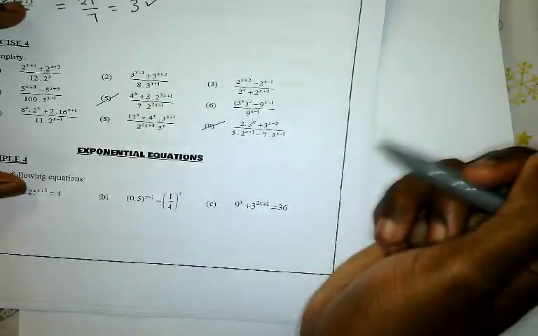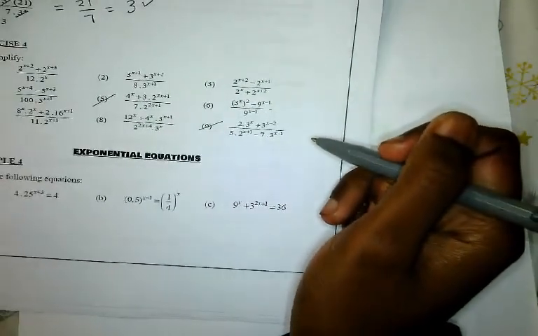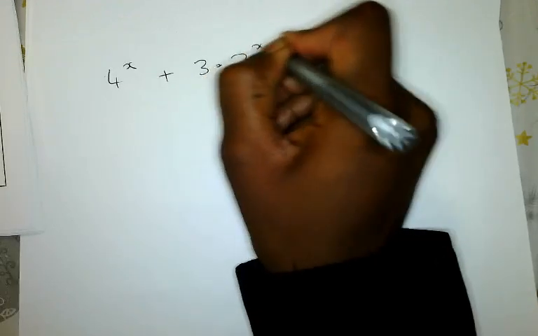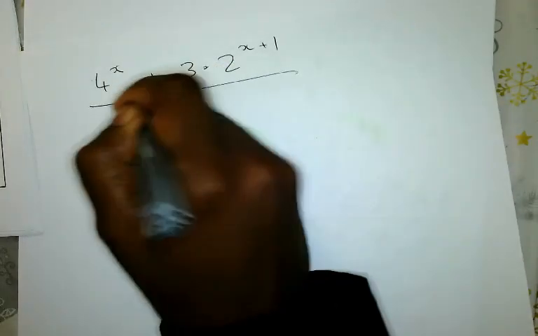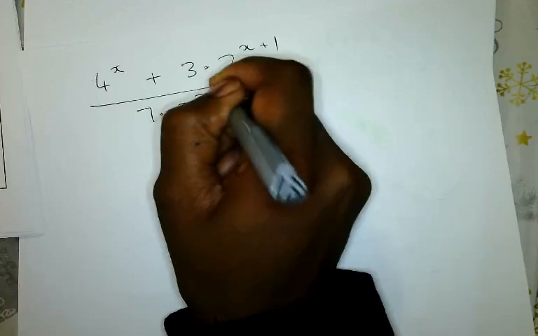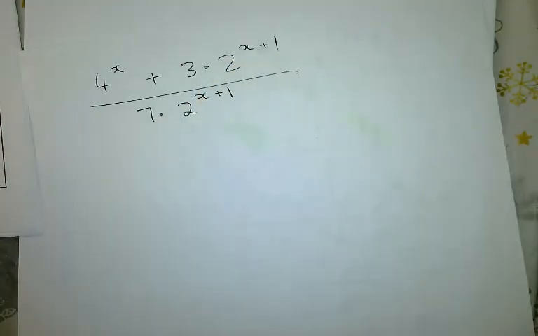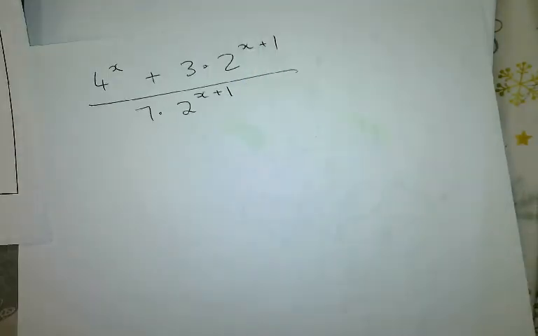Okay, let me copy it down. 4x plus 3, 2x plus 1 over 7, 2x plus 1. Okay, so this question is a nice question because it puts in a lot of things that we need to do.